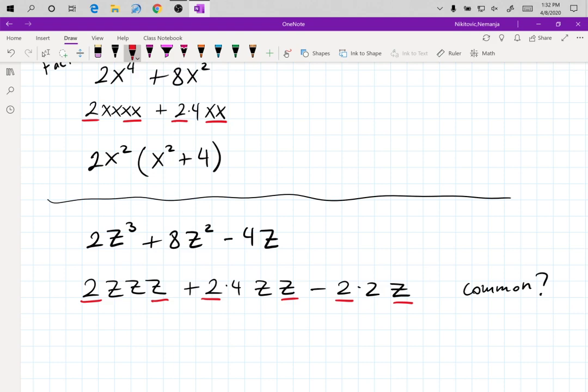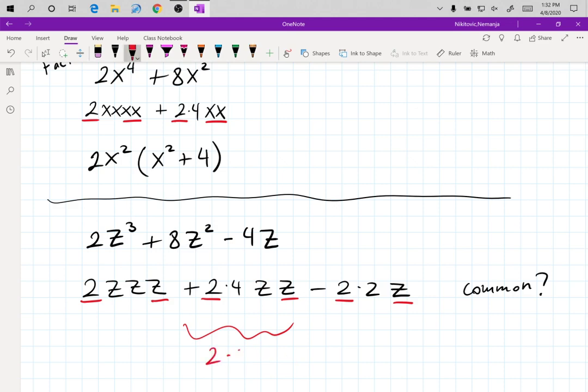So whatever term has the smallest amount of whatever you're comparing, that is what you get to kick out. So this term has three 2's, right?